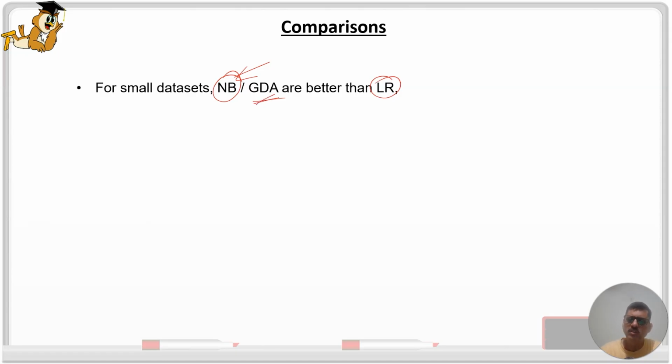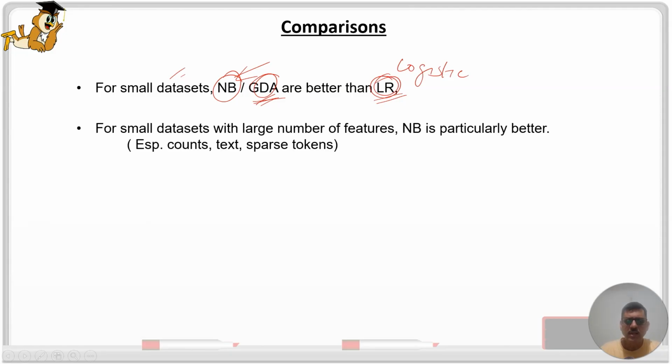It is also observed that GDA does somewhat better than LR, meaning logistic regression, when the data sets are smaller. Actually, I should say that typically GDA can work better on smaller data sets than LR. But nothing beats naive Bayes.